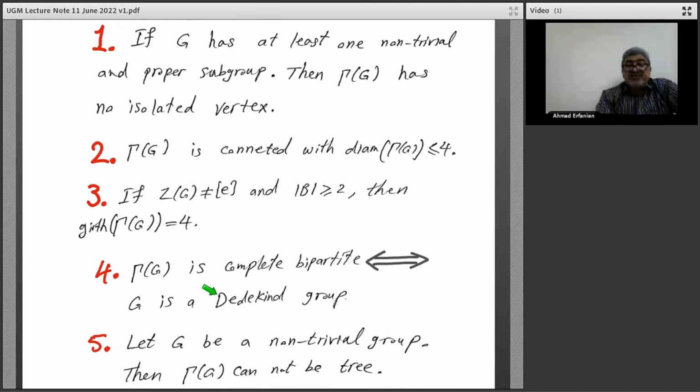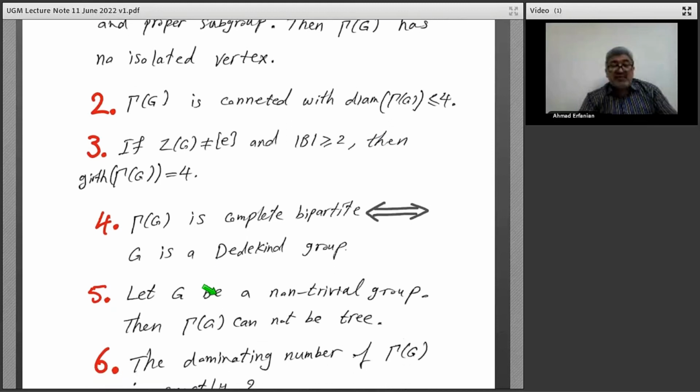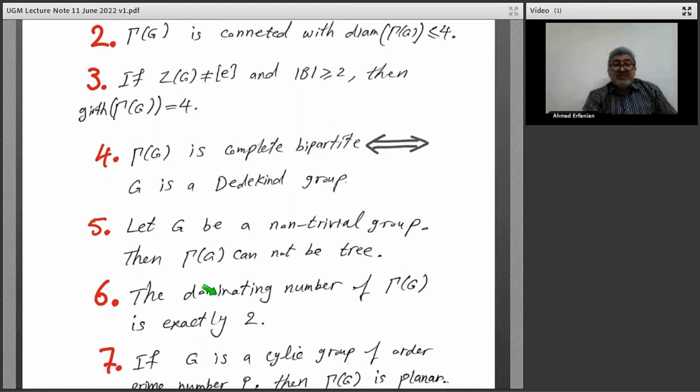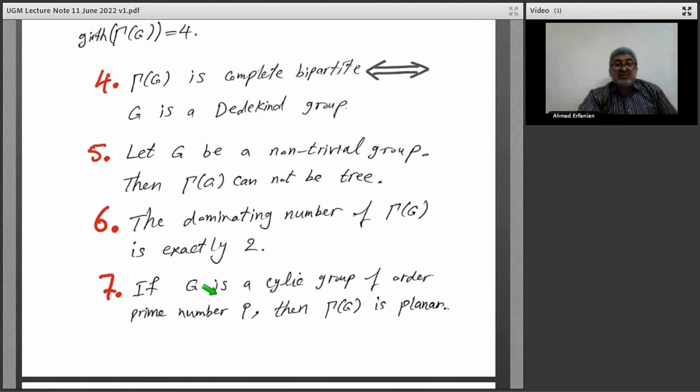The graph is a complete bipartite graph if the group is a Dedekind group. Dedekind group means that all subgroups of the group are normal. So if G is a non-trivial group, then the graph cannot be a tree, a connected graph with no cycle.